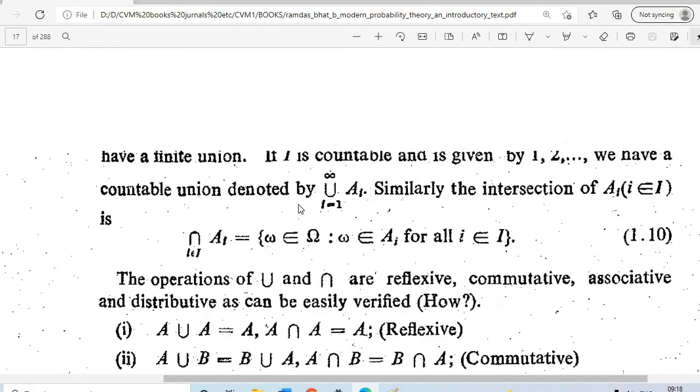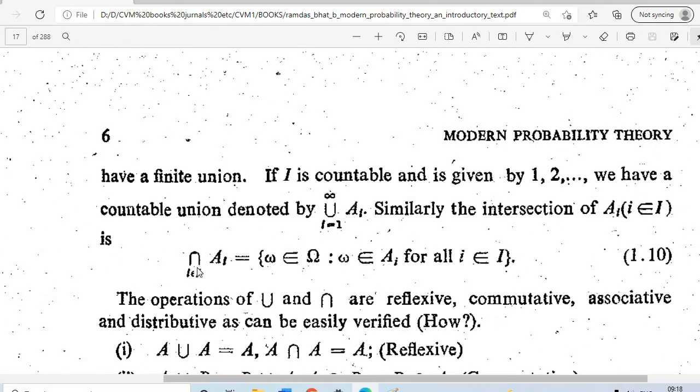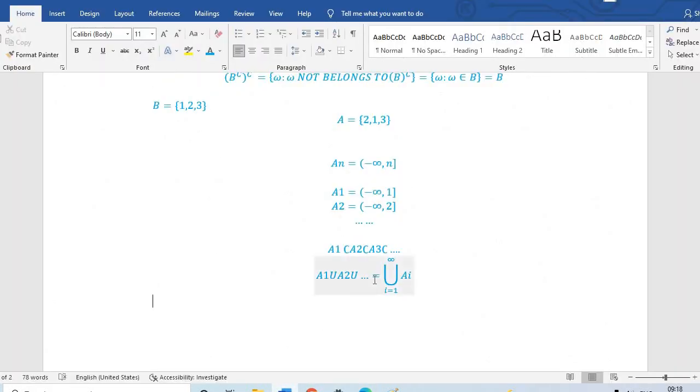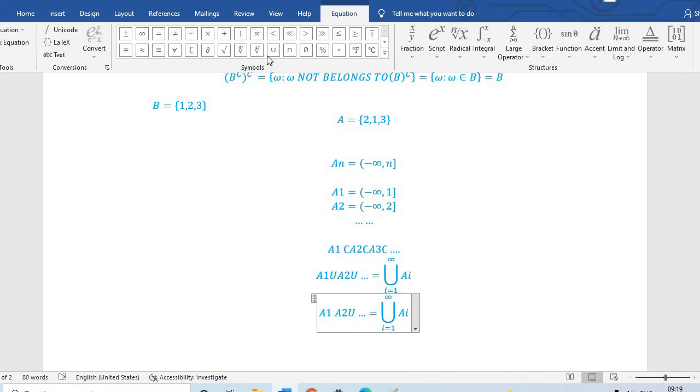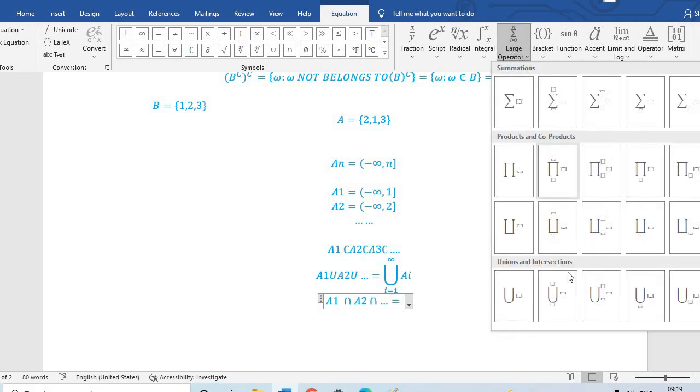Okay. Similarly, you can consider arbitrary intersection. അപ്പോൾ യൂണിയൻ എടുക്കുന്നതിന് പകരം നമുക്ക് എന്ത് ചെയ്യാം, ഇന്റർസെക്ഷൻ എടുക്കാം. നേരത്തെയൊക്കെ നമ്മൾ രണ്ടെണ്ണം വെച്ചെടുത്തു. So you can replace the union with the intersection.